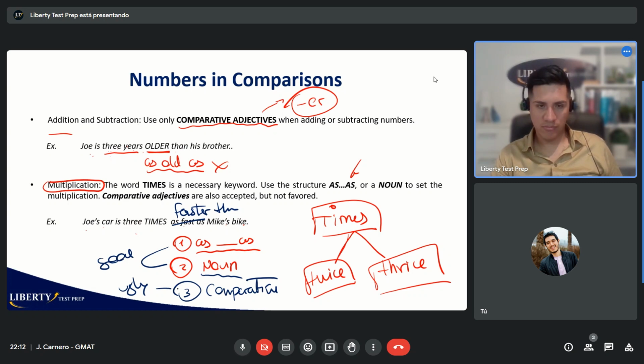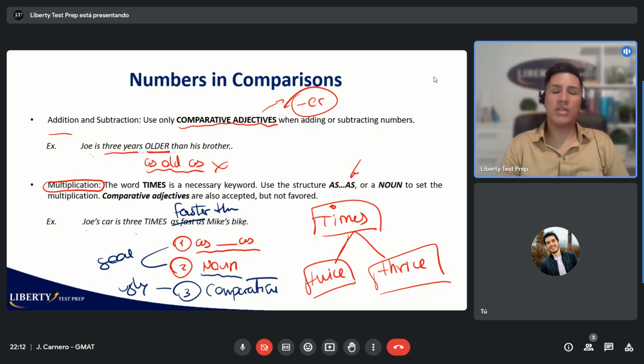That's ugly though. So you have those three ways to place the quantity that you are going to multiply: as something else, the noun, and then the comparative adjective.